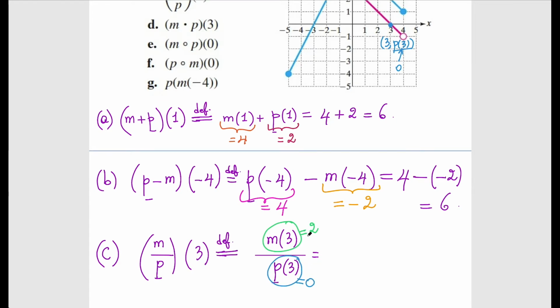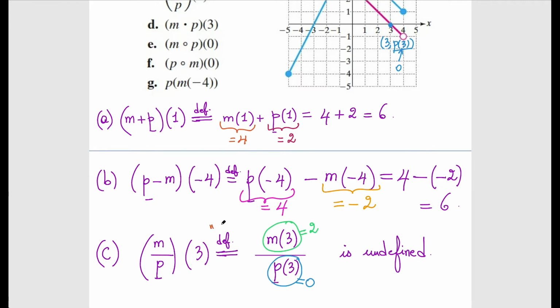And this is 2 over 0. What is it? This is an undefined entity, correct? So it's undefined. Undefined. Correct? So technically, again, I should not write that this guy 2 over 0. The writing is not meaningful.